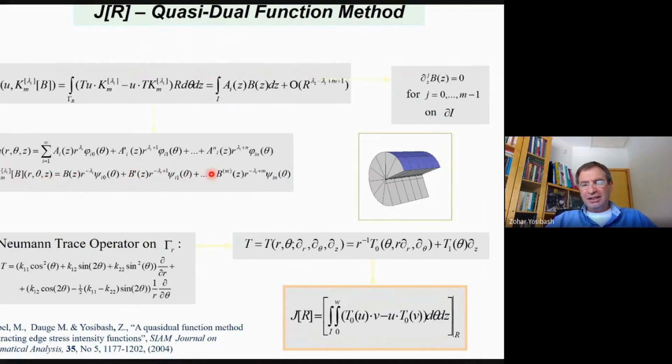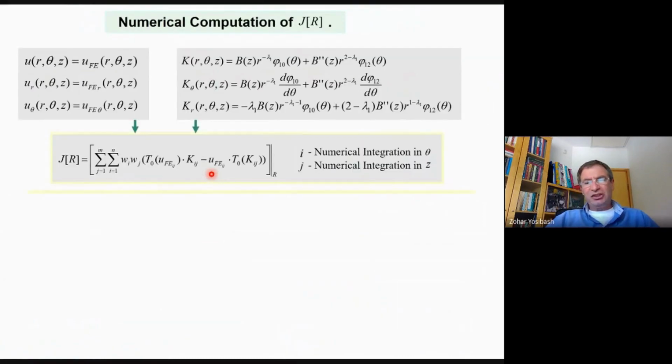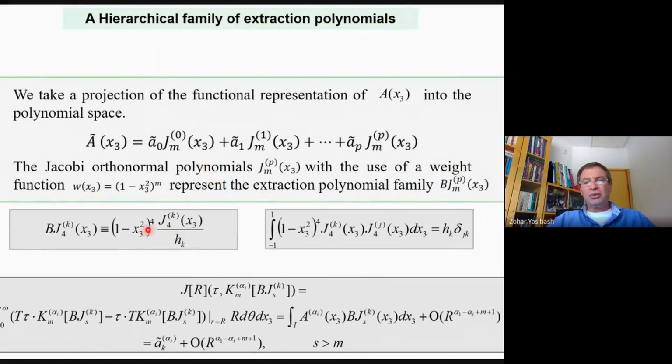So I can generate the function in such a way that it will also be constructed of these Jacobi polynomials. And why did I choose the Jacobi polynomials? Because they are orthogonal. So if I take the Jacobi polynomial of order k under an integral with Jacobi polynomial of order j, then I get a delta jk.